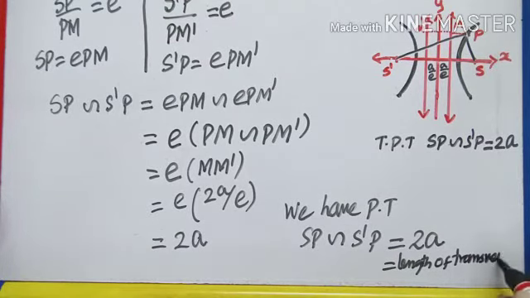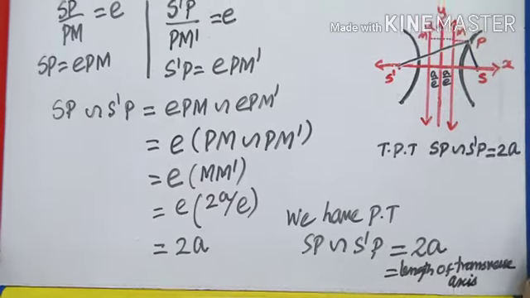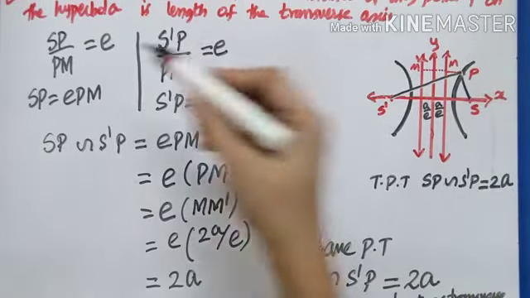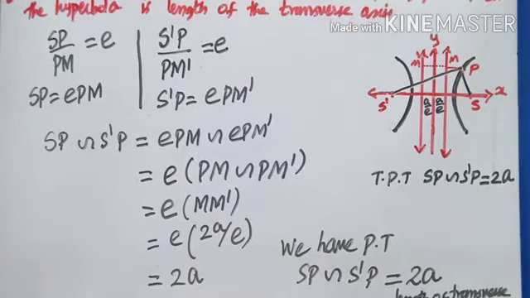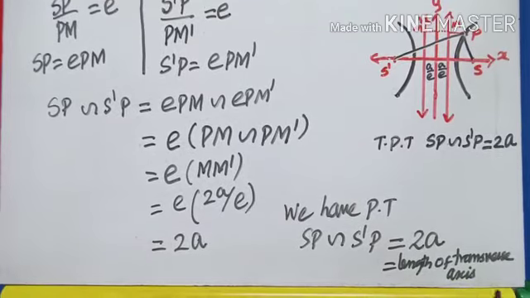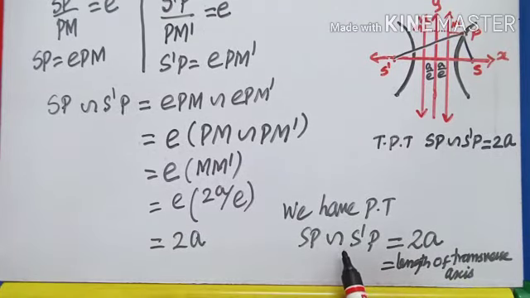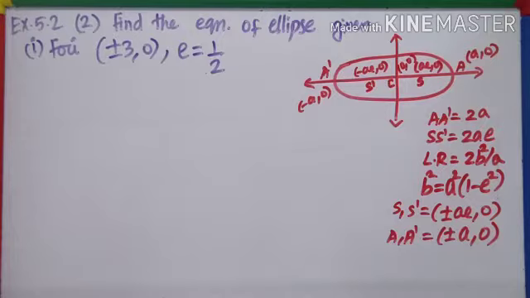So we say the difference between the focal distances of any point P on the hyperbola is the length of the transverse axis, and that is the answer.